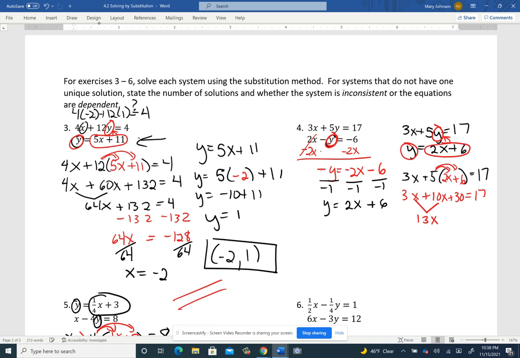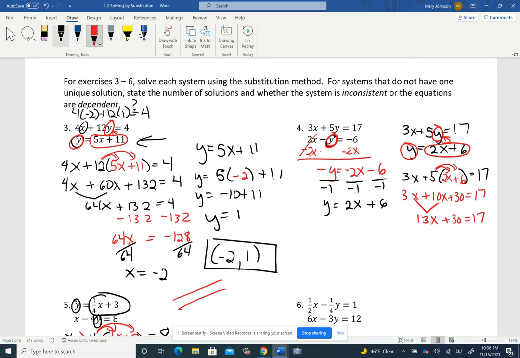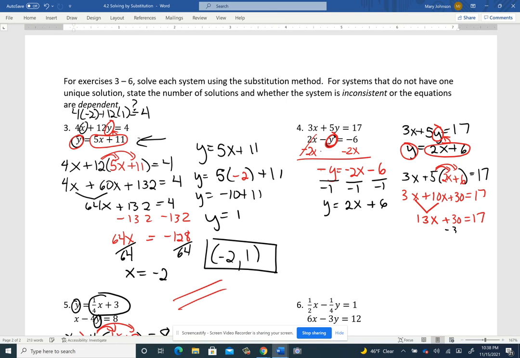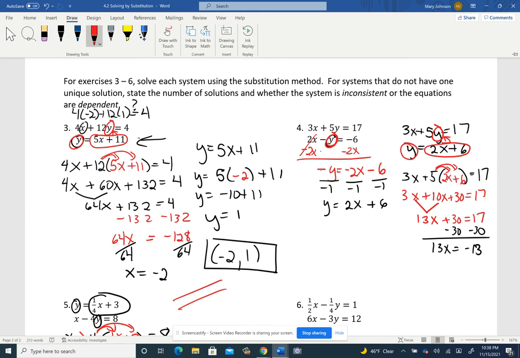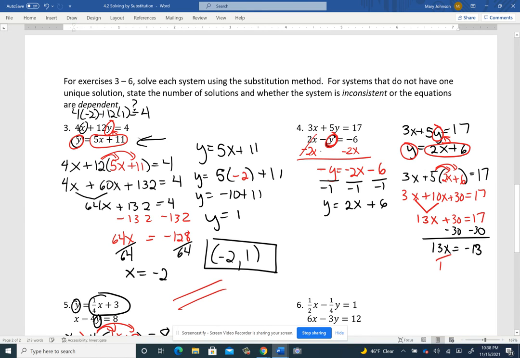I'm just combining like terms. So I get to there. And now I'm ready to just finish it up by subtracting the 30. Okay. That gives me 13x equals negative 13. So when I divide by 13, I get a negative 1. So x equals negative 1.